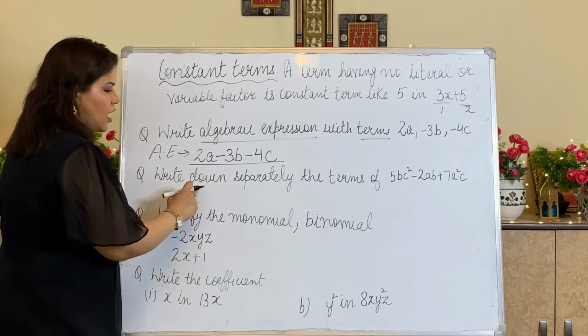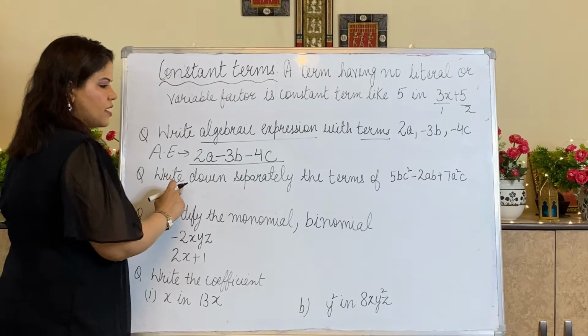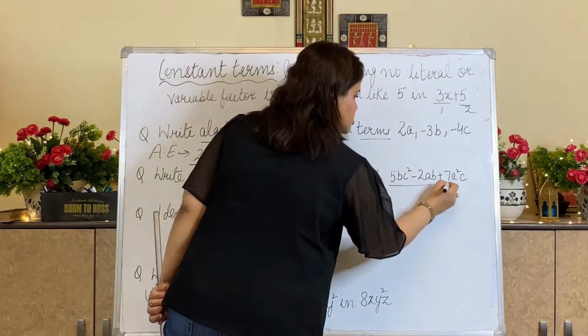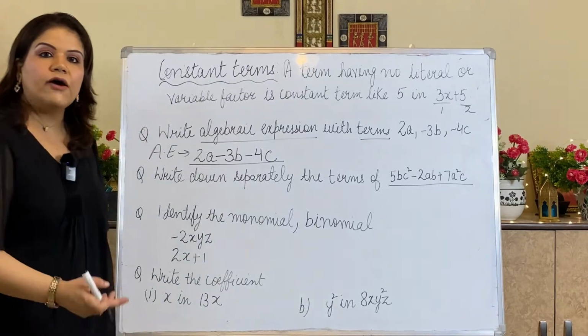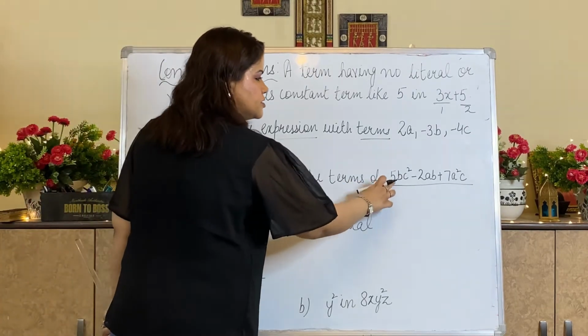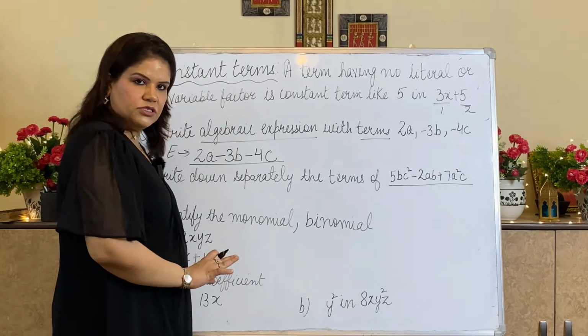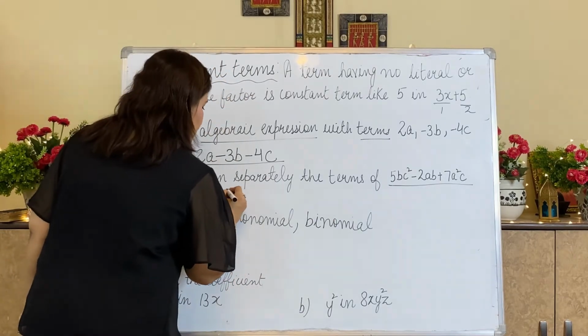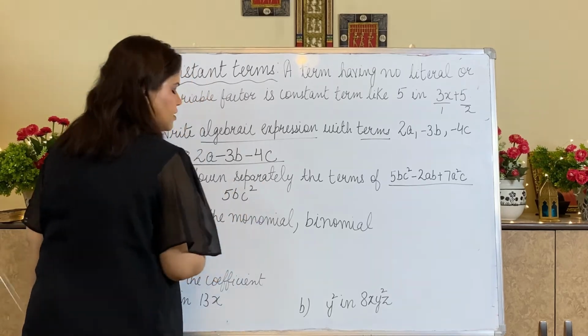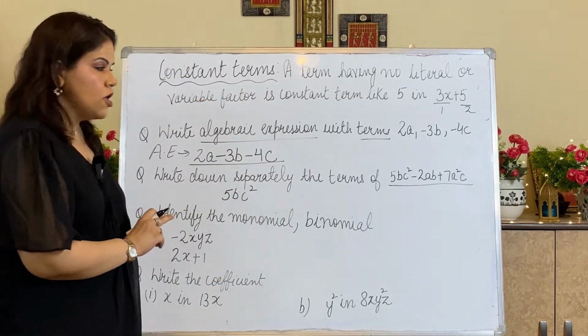Now in the second question, write down separately the terms of the given expression. I have to write down the terms separately. For the first term, I have a positive sign, so I will write it as 5bc square. This is my first term.